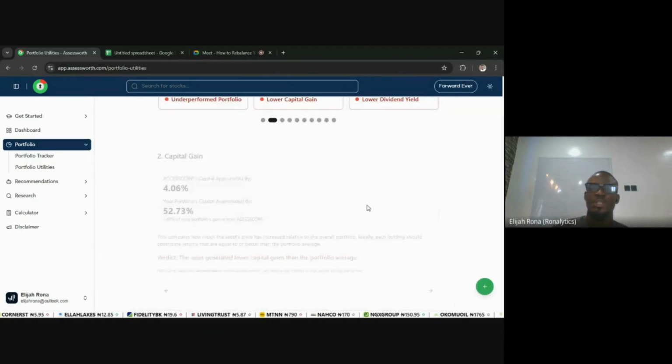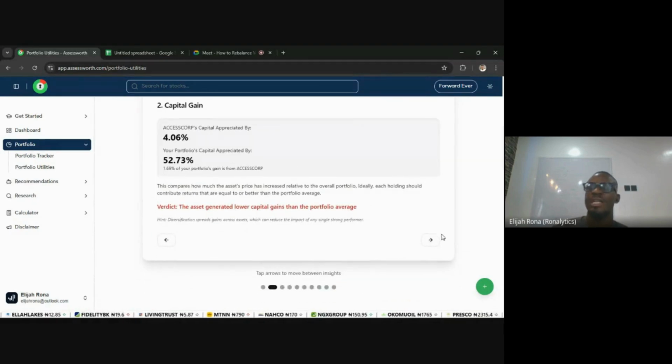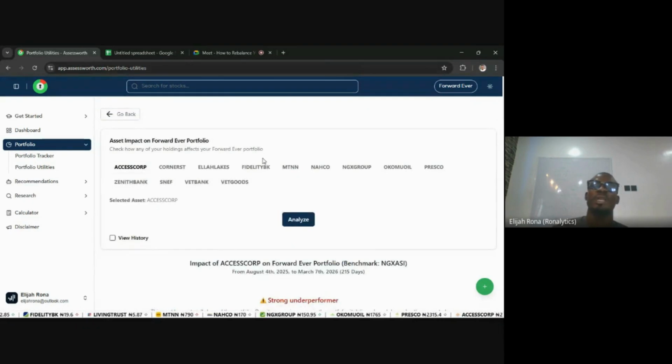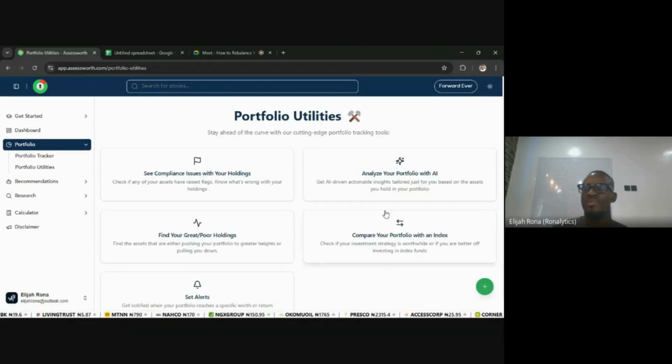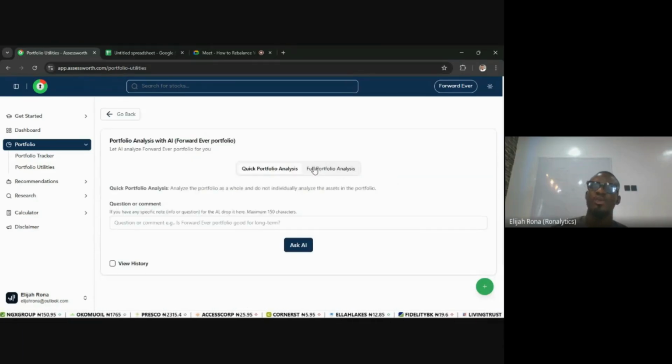So the question is, what should this person do regarding all these numbers? You can either contact us, like if you're a long-term holder with an annual subscription on the Access World platform, or you analyze the portfolio with AI. You use full portfolio analysis. This quick analysis will just look at the portfolio as one entity without considering the assets separately, right?